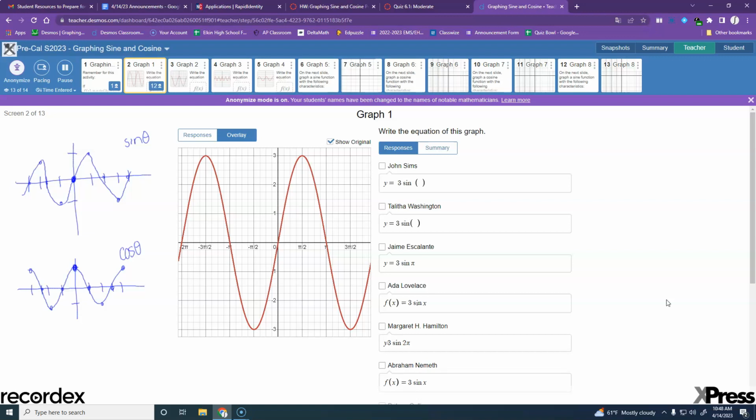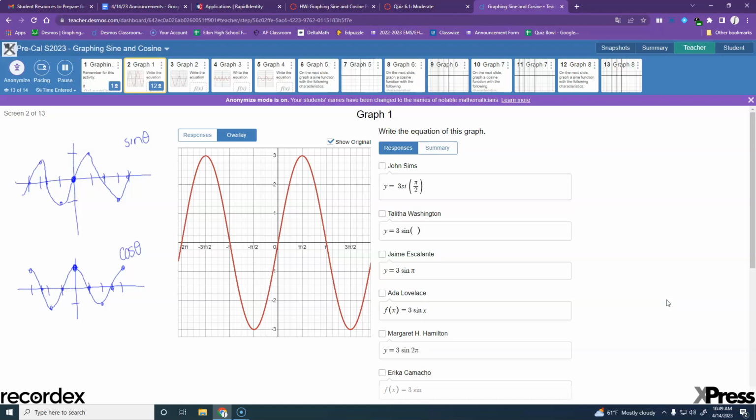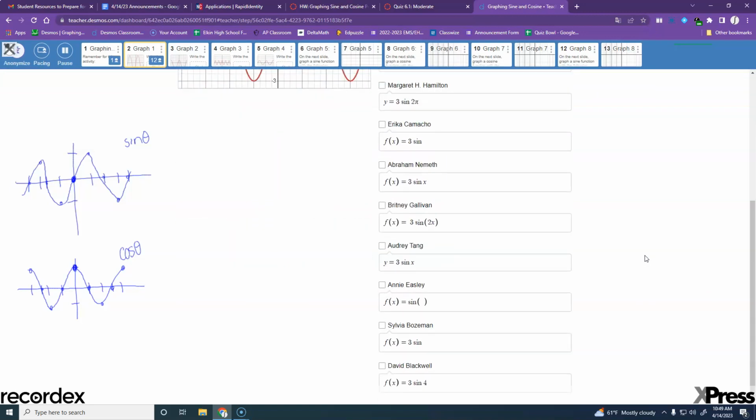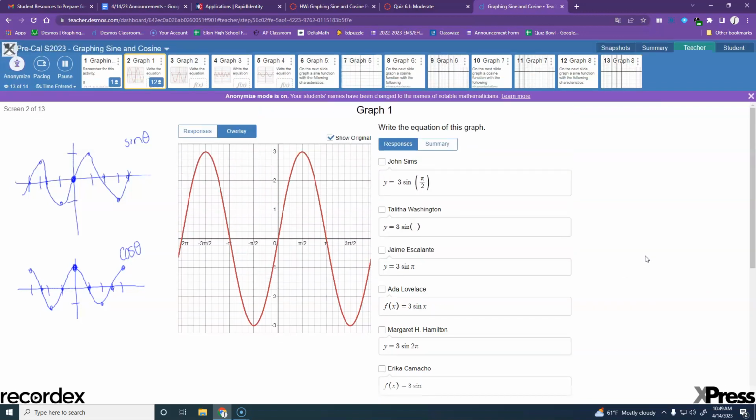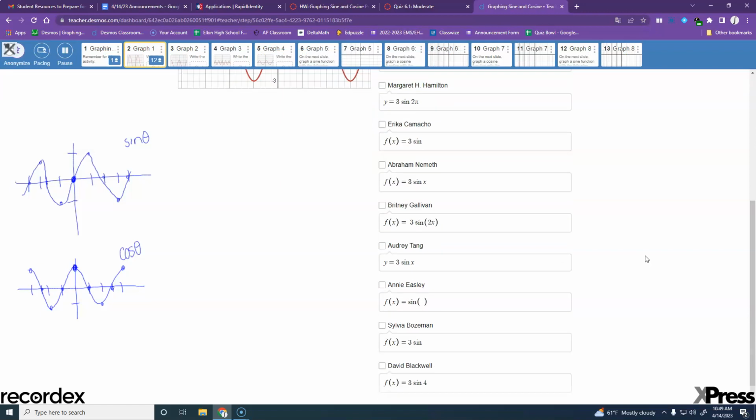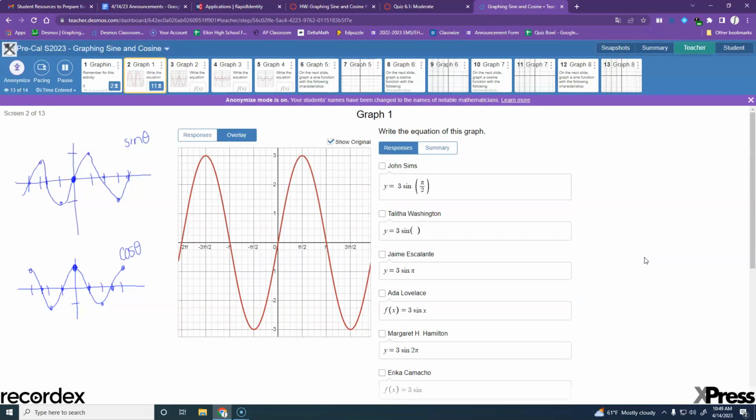Or g of x or z of x, whatever you want to call it. All right, so make sure you've got yours typed in.